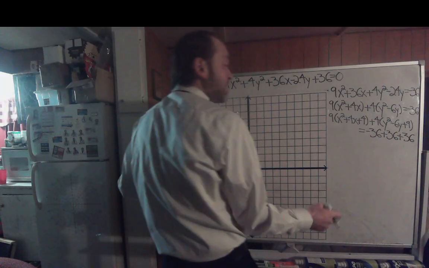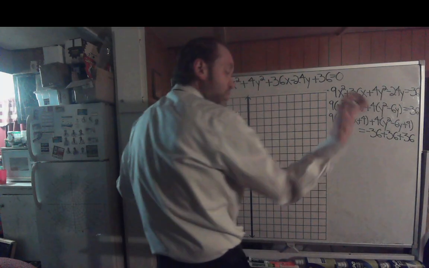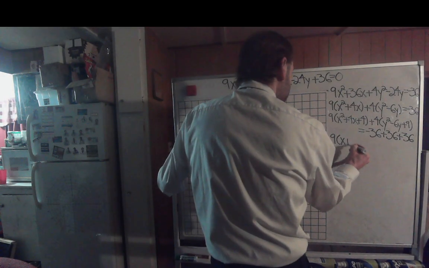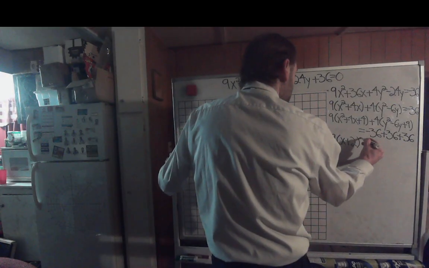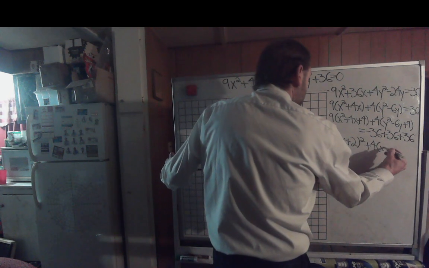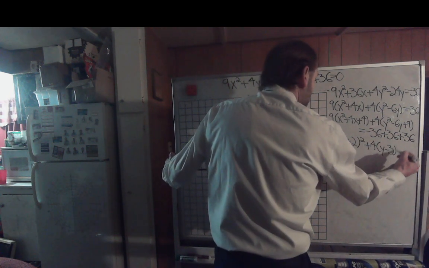So make sure you distribute the multiples from outside the parentheses when you're completing the square. So this should turn into 9 times the quantity x plus 2 squared plus 4 times the quantity y minus 3 squared would equal 36.